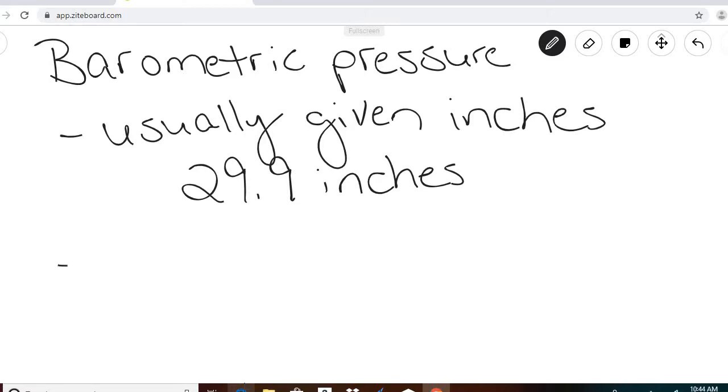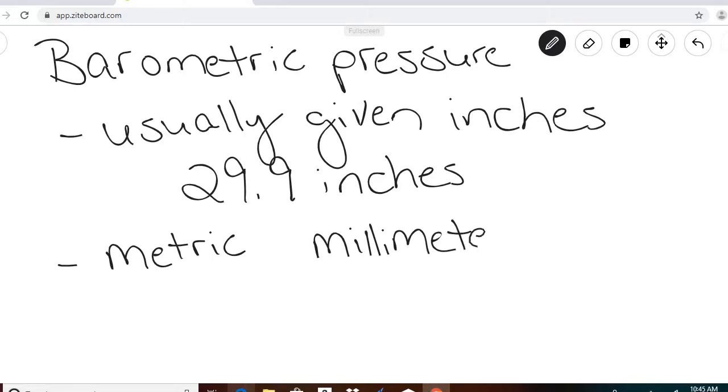If we were to use the metric system, the units that would usually be used would be millimeters. So how many millimeters does the pressure of the atmosphere cause the mercury to rise? An average atmospheric pressure, if you're using millimeters, is 760 millimeters.